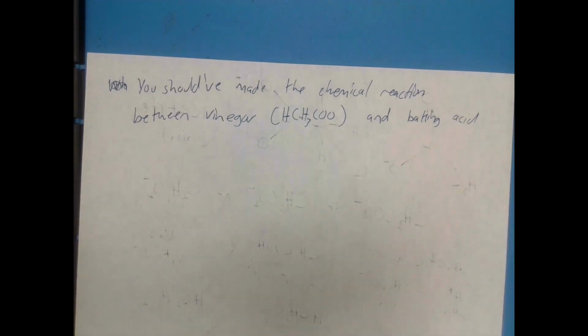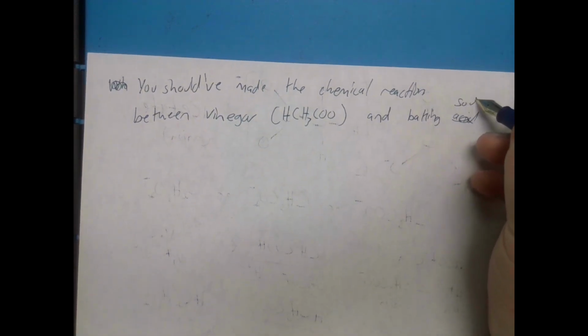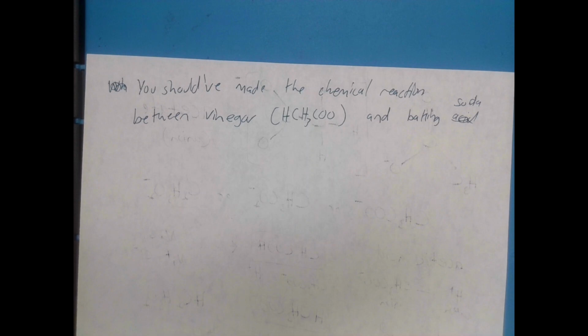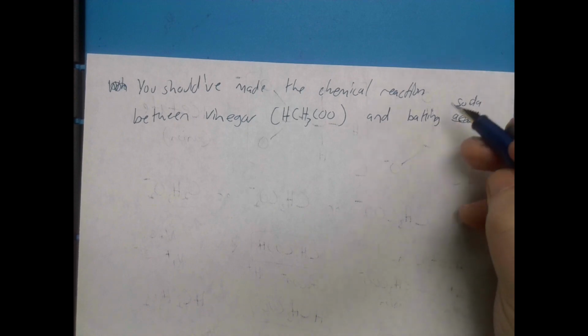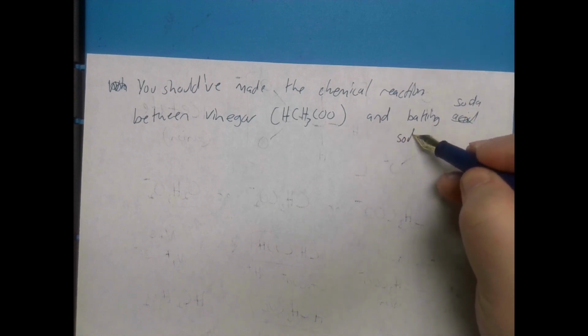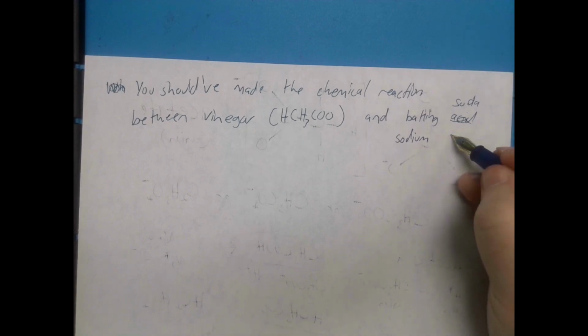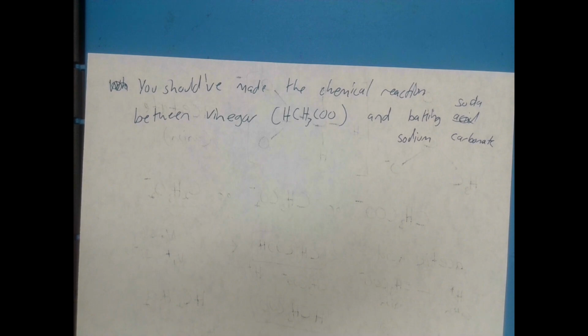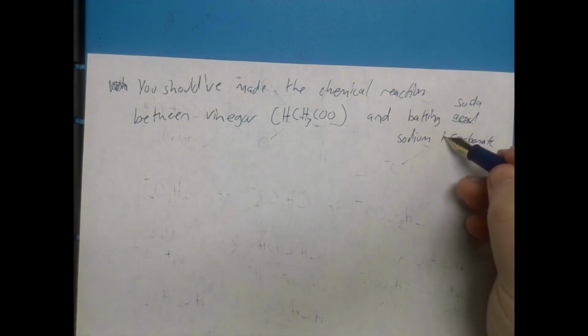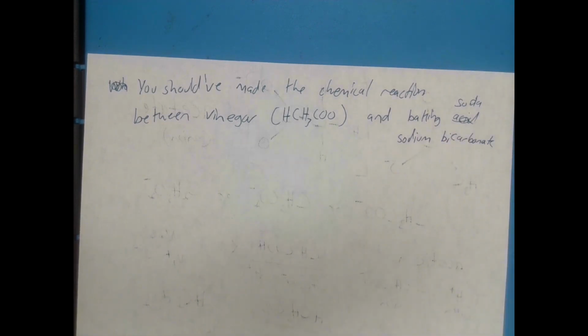So what is baking soda and acid? Close. So soda is the short word for sodium. And you're right with carbonate, but it's not carbonate, it's bicarbonate. Bi meaning it has an additional hydrogen.